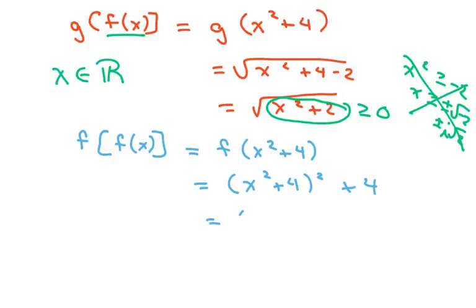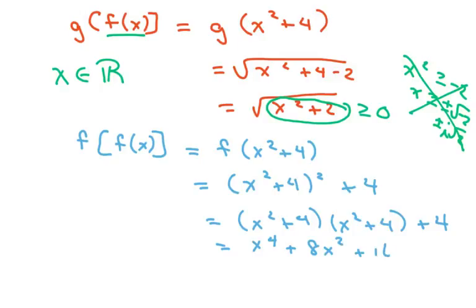Don't forget that this is really like x squared plus 4 times x squared plus 4. Make sure you FOIL that out. And then you have your tag-along guy here. So we're going to have x to the 4th plus 8x squared plus 16 plus 4, which is x to the 4th plus 8x squared plus 20.